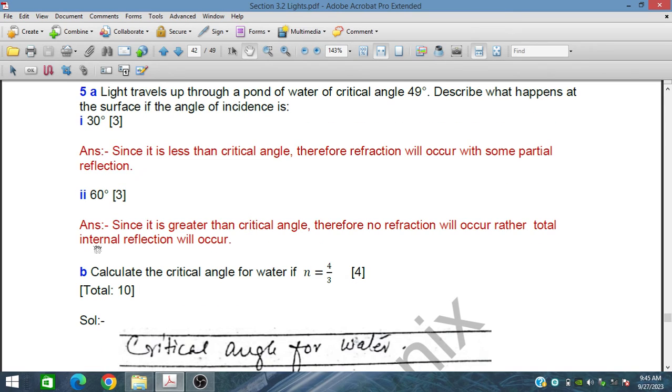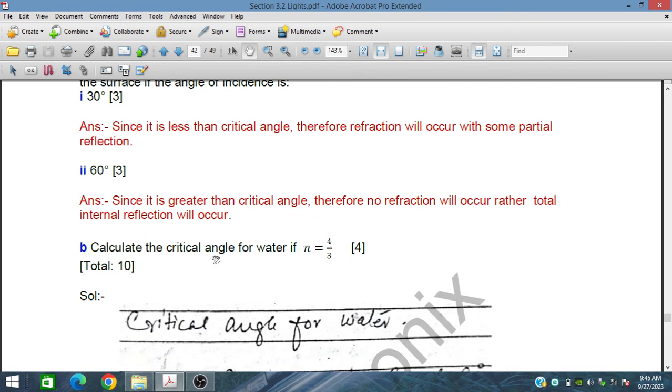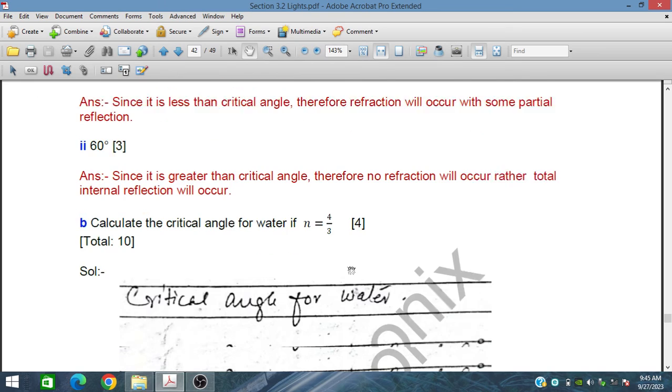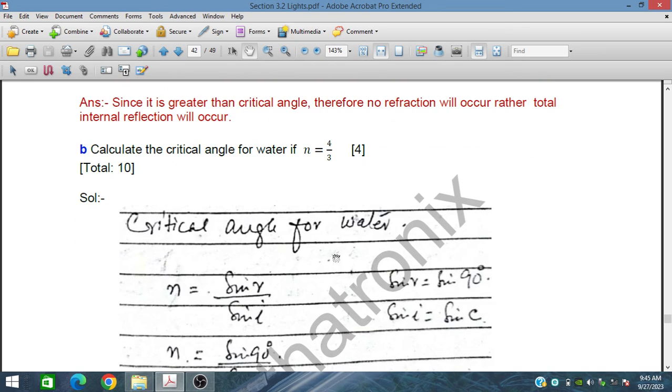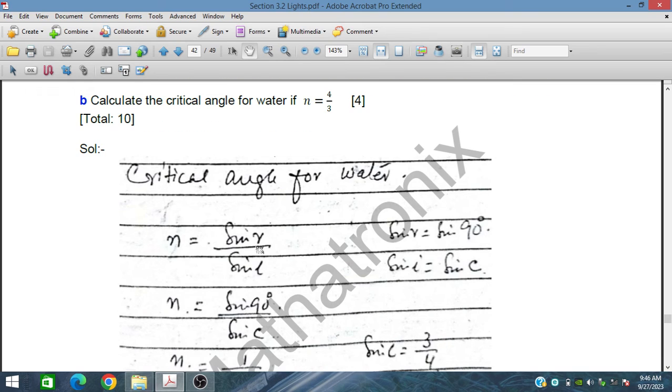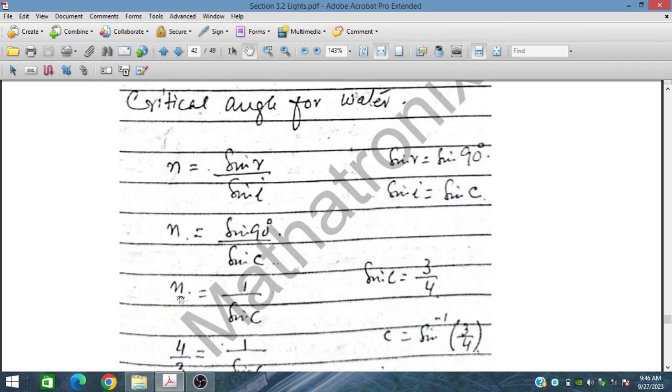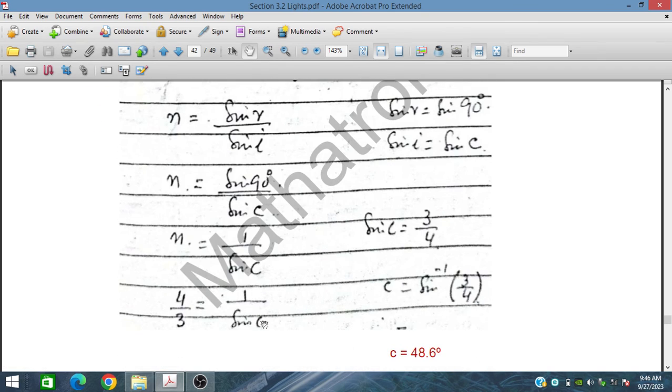Now B part, calculate the critical angle for water if n, the refractive index, is 4/3. So the critical angle for water, we have to find this. This is the refracted angle and this is the critical angle. n is 4/3 and this is sine.